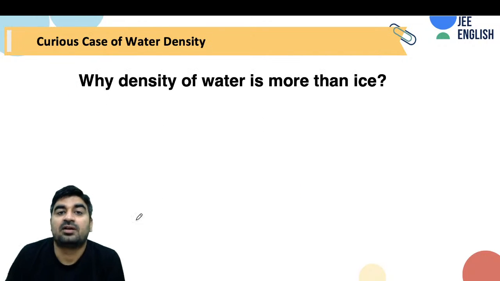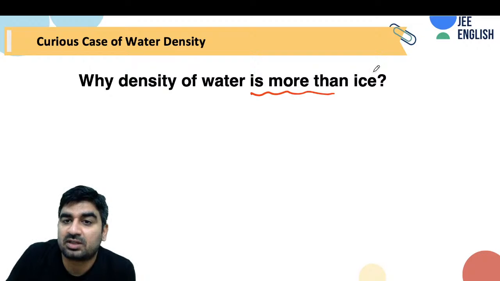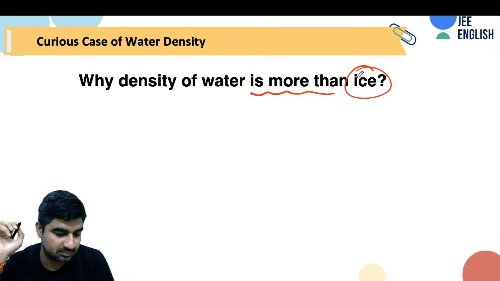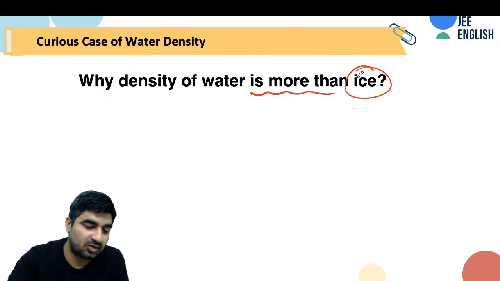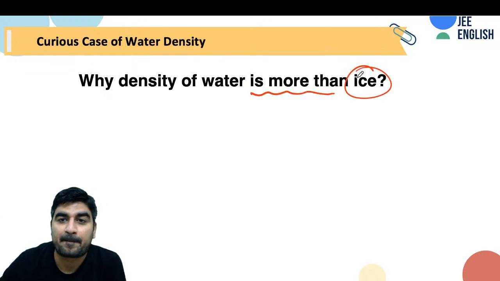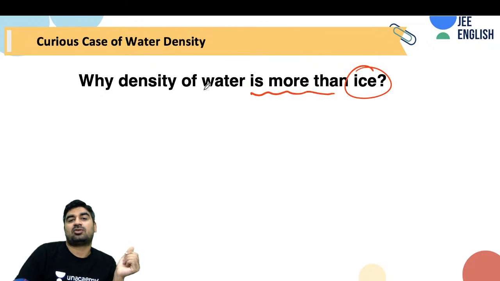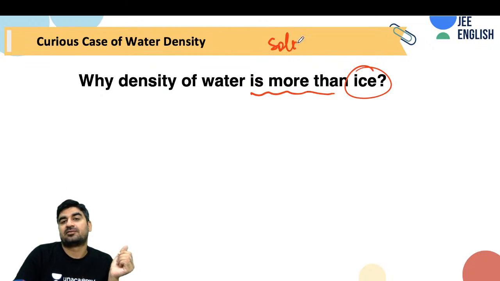So now I'm moving on. Why is the density of water more than ice? Can you tell me? Normally solids have higher density than liquids, and then gas.